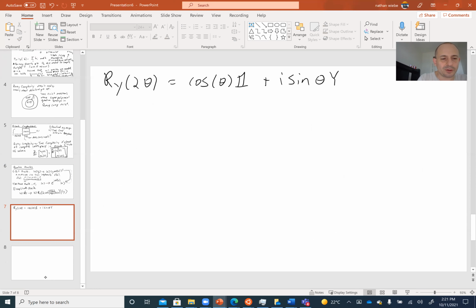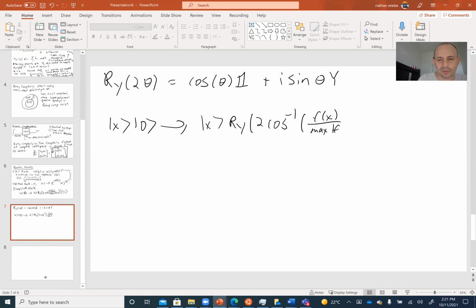As a particular example, let's imagine that we begin by querying our amplitude oracle on the state x, 0. This will map that to x, Ry of 2 arc cosine of f of x divided by the max of the absolute value of f of x, 0.